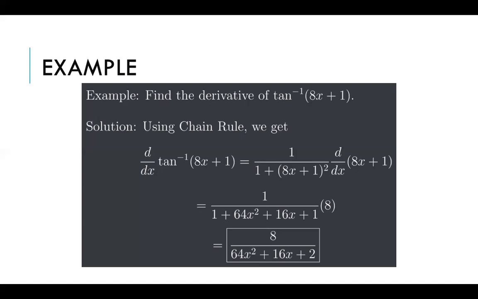However, we can get this one into lowest terms as we have a common factor, which is 2. So we have 4 over 32x squared plus 8x plus 1. So this is our final answer.